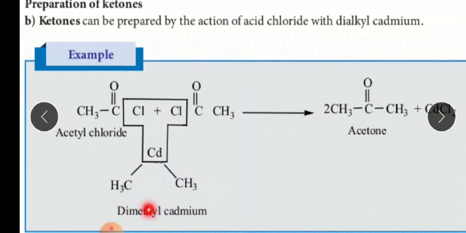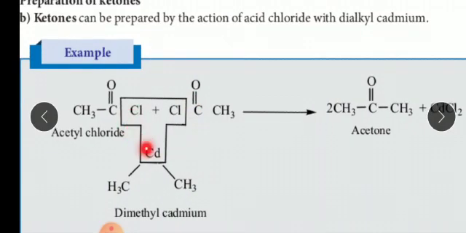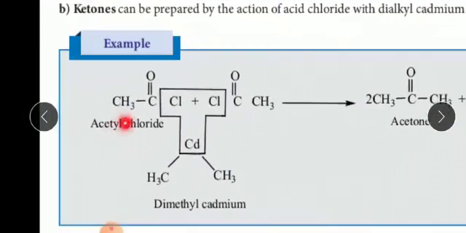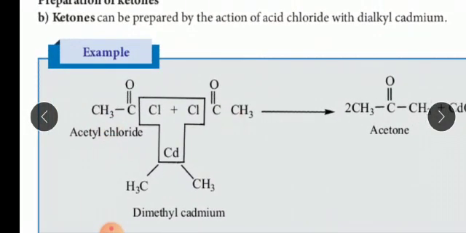That is why we are writing dimethyl cadmium. This cadmium group along with the Cl2 is removed as byproduct CdCl2, cadmium chloride. And what about the remaining product? CH3CO is here, and CH3 is bonded here instead of Cl, and one more CH3CO with CH3 bonded instead of Cl. So we get 2 CH3COCH3.